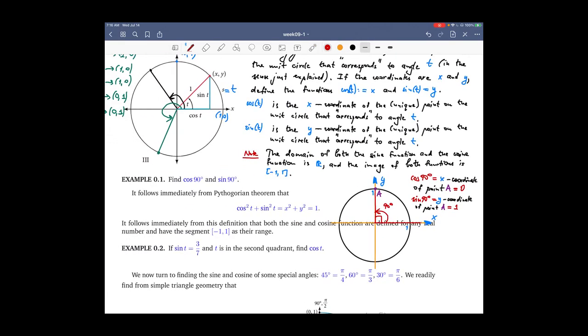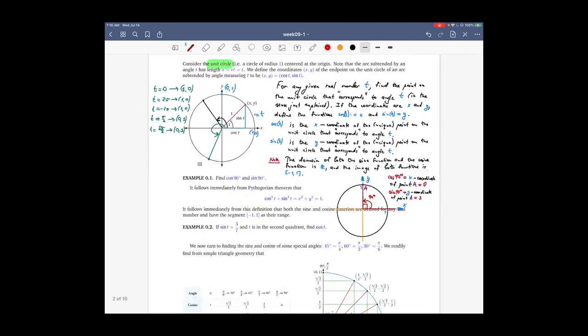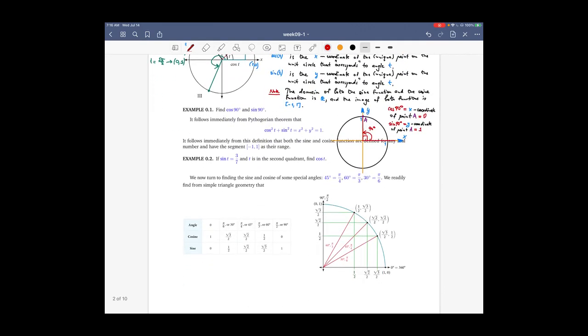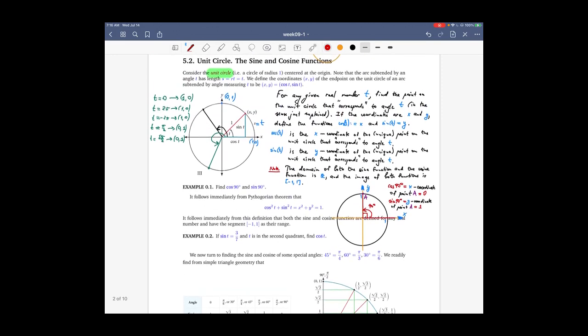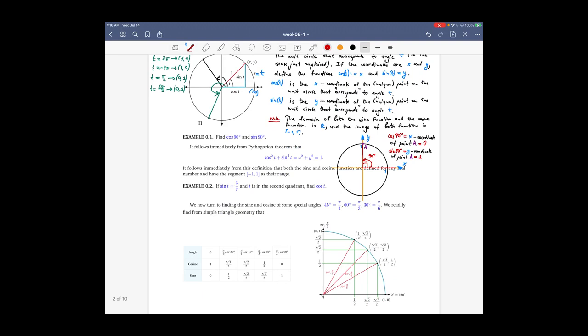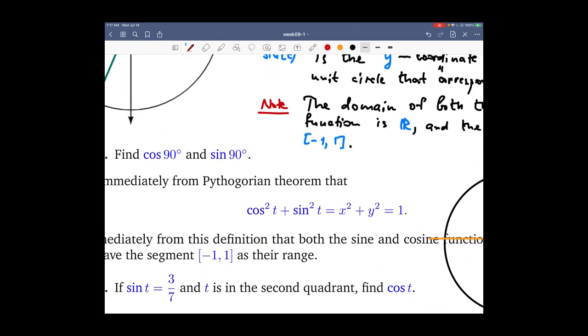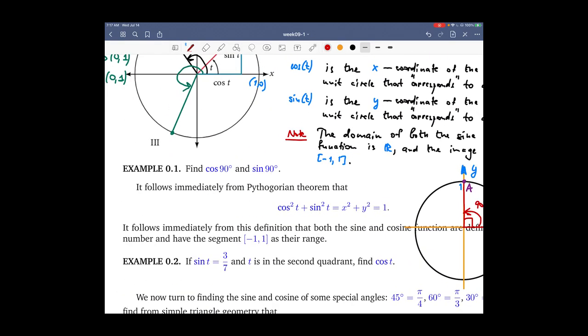We will get to practice finding sine and cosine of other angles, 45 degrees, 60 degrees, and 30 degrees. But right now we can immediately note that from the Pythagorean theorem, cosine squared and sine squared of the same argument add up to 1. Let's explain that.